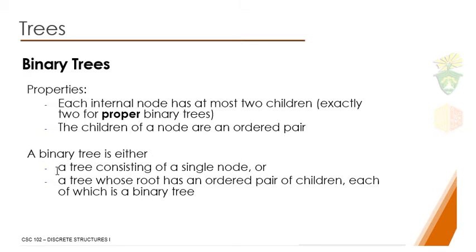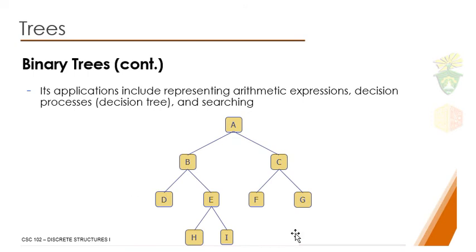Okay. A binary tree is either a tree consisting of a single node or a tree whose root has an ordered pair of children, each of which is a binary tree. So, this is an example of our binary tree.